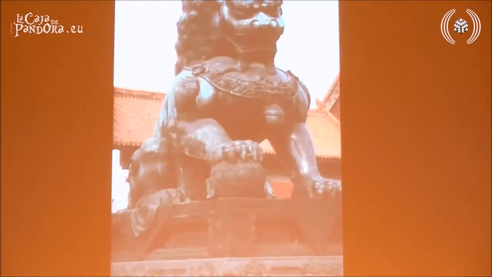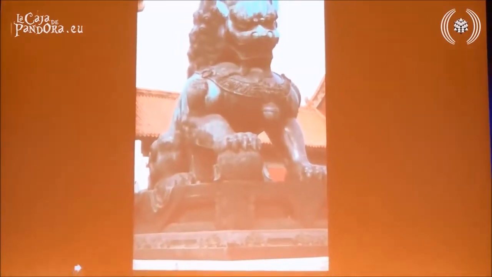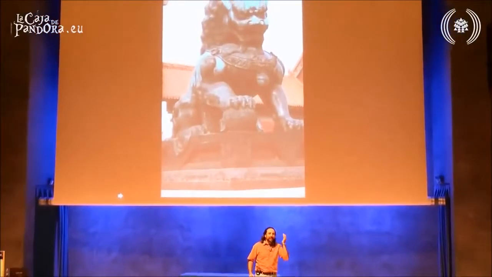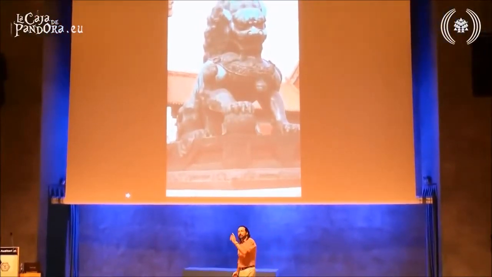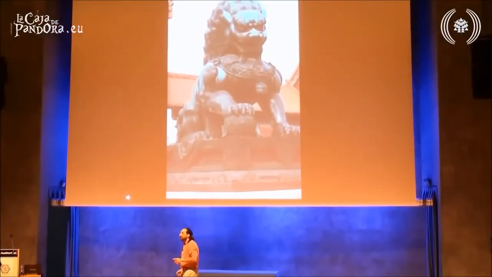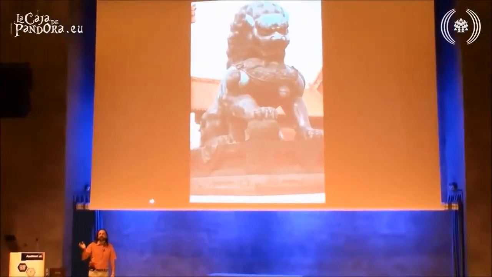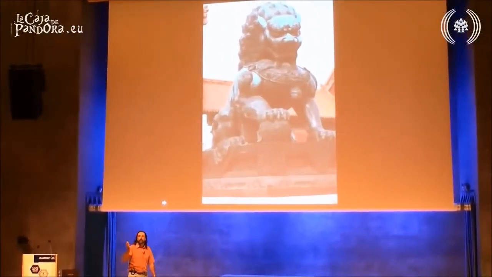And then you go to the city of the sun gods, right? The forbidden city. The city of the sun gods is guarded in front by the Sphinx; in the ancient Chinese tradition it is the foo dog.